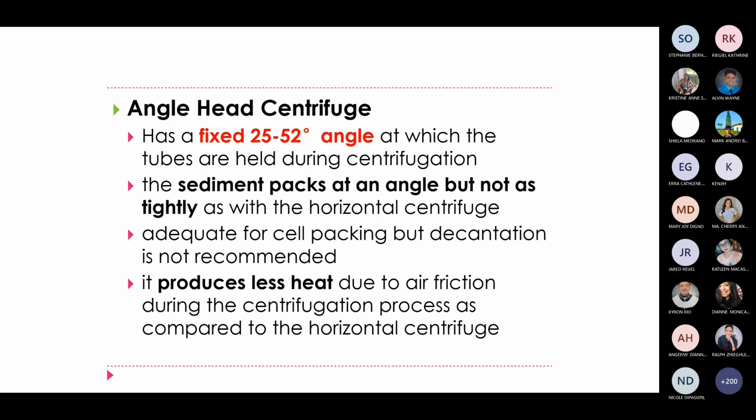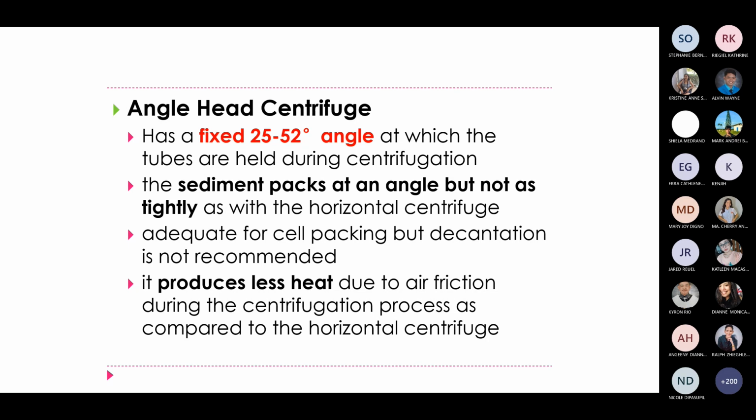So what is its angle? 25 to 52 degrees. The difference from the horizontal centrifuge is that the sediment packs at an angle but not as tightly as with the horizontal centrifuge. So that is the difference.